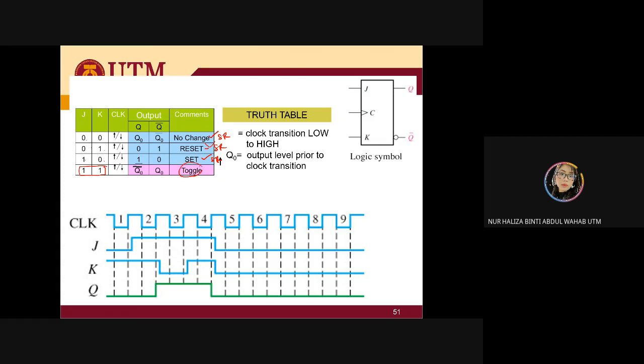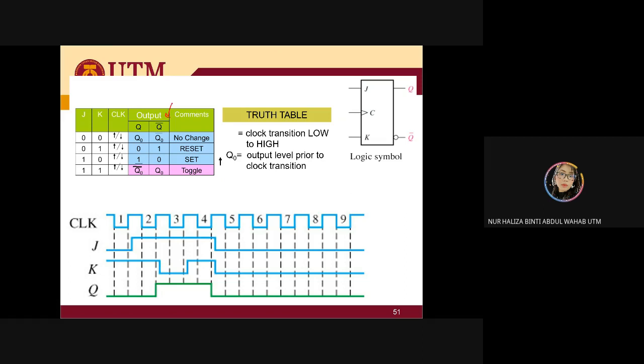What do we mean by toggle? If your previous output Q is 1, then you toggle the output to 0. If your previous Q is 0, then your output will be 1. That is what toggle means. Not too hard, right? You need to remember the table.